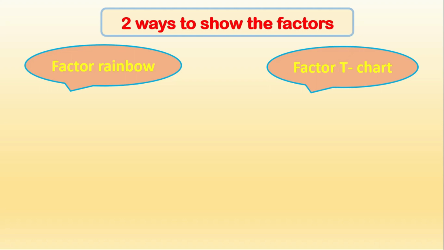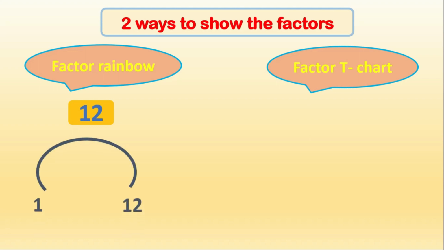Using the same number, 12. 12 has 6 factors or 3 pairs of factors. The first pair, 1 times 12. The next ones, 2 times 6 and 3 times 4. That is the rainbow with 3 pairs of factors.